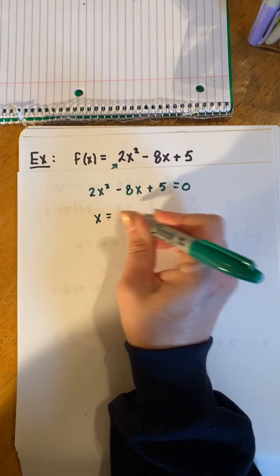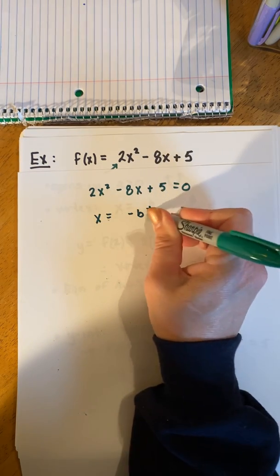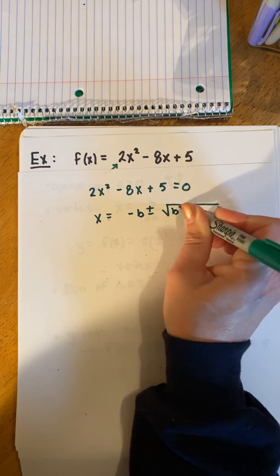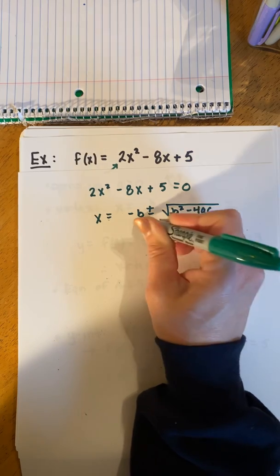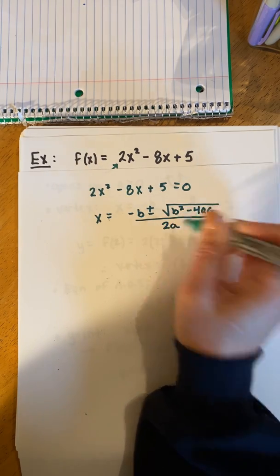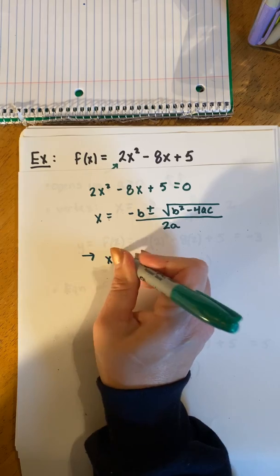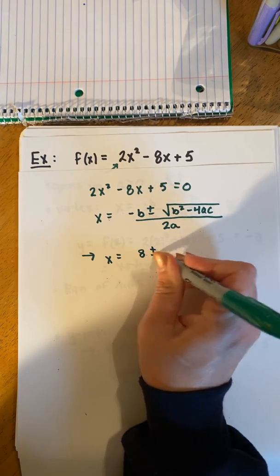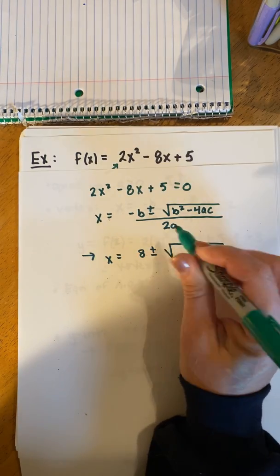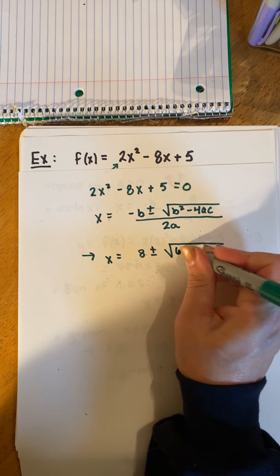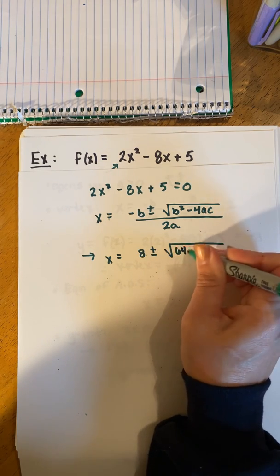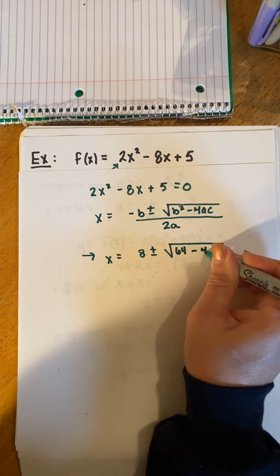So I'm going to use the quadratic formula: negative b plus or minus the square root of b squared minus 4ac, all over 2a. So for this example, it would be positive 8 plus or minus the square root of negative 8 squared, which is 64. Remember, the number under the radical first is always positive.